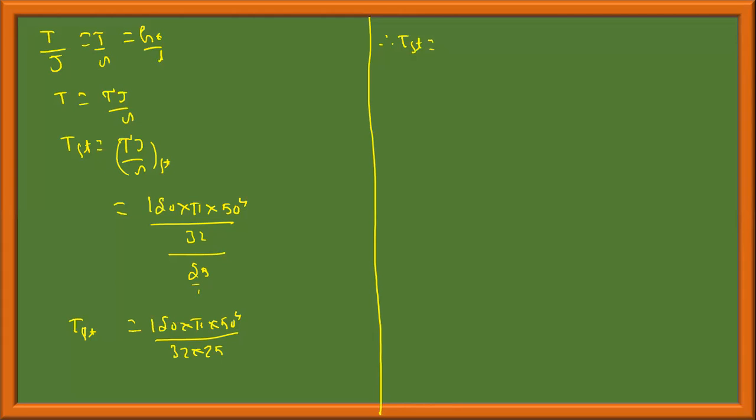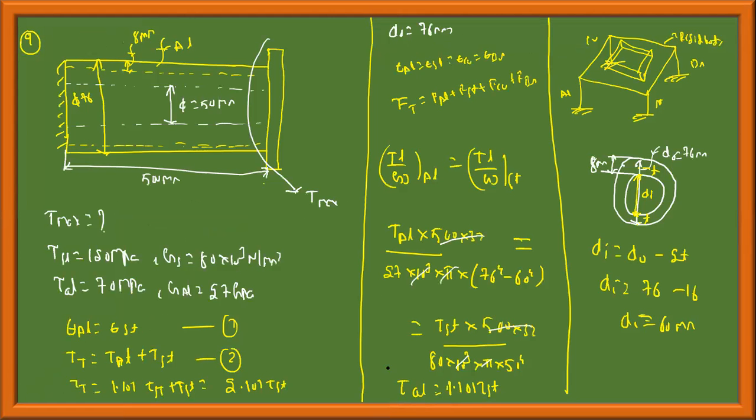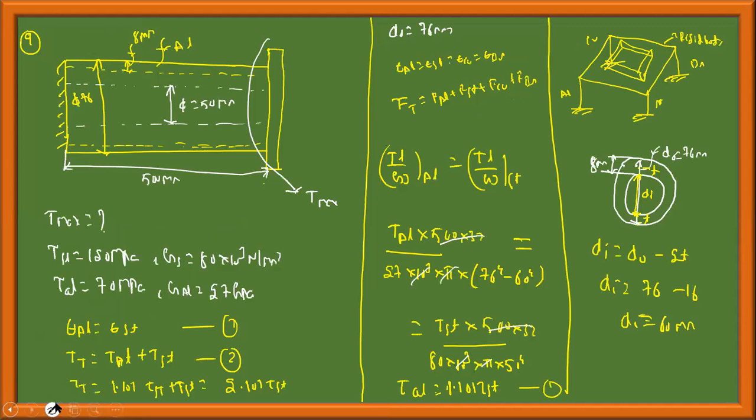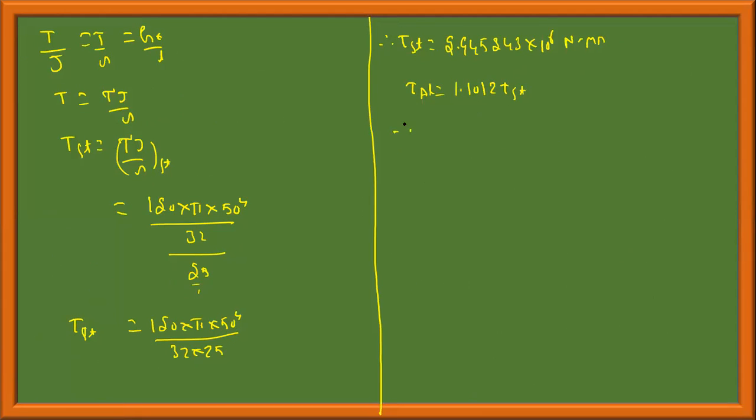How much, Mekala? 2.945243 into 10 power 6 Newton mm. From this expression, T aluminum is equal to 1.1012 T steel. Therefore, T aluminum will be equal to 3.244 into 10 power 6 Newton mm.